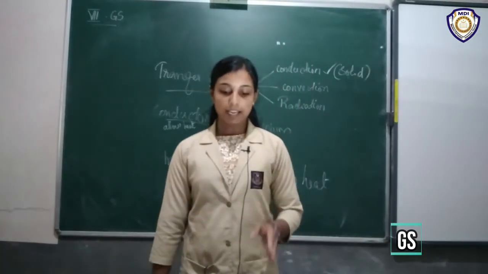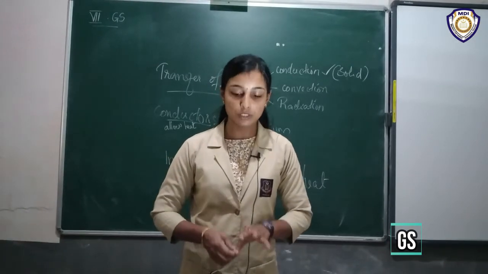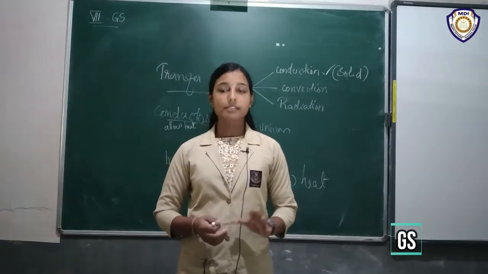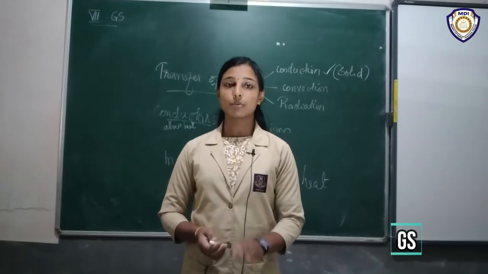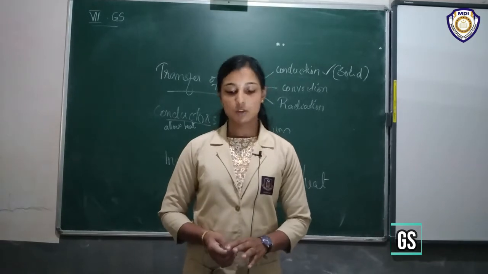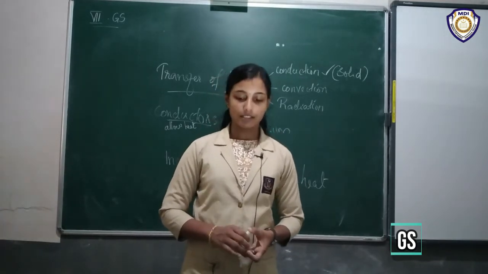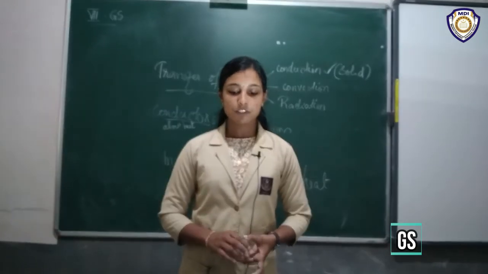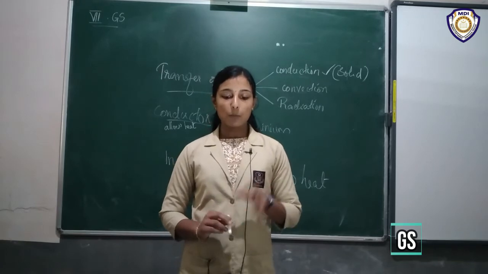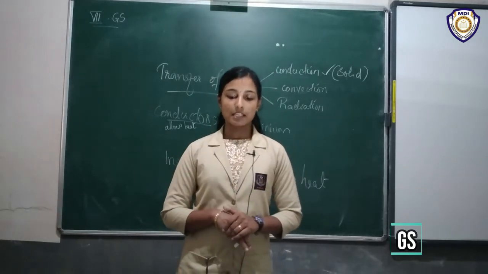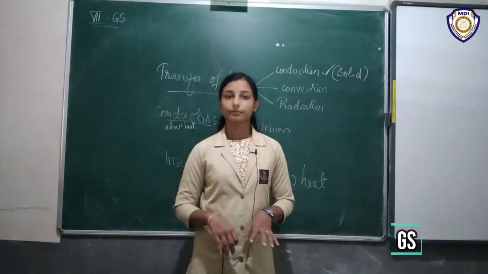So you have to underline what are conductors. That means the materials which allow heat to pass through them are known as conductors, and examples of conductors are also given in your textbooks. Iron, aluminium and copper are examples of conductors. And the materials which do not allow heat to pass through them easily are poor conductors of heat, such as plastic and wood.